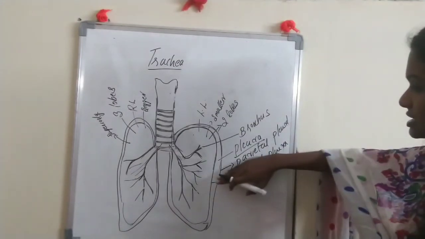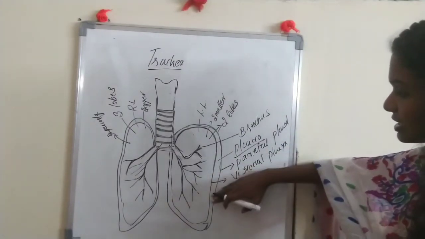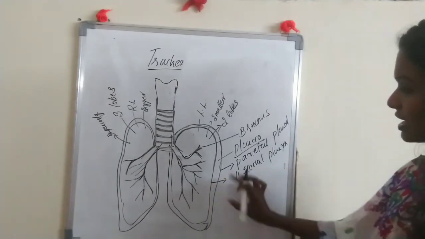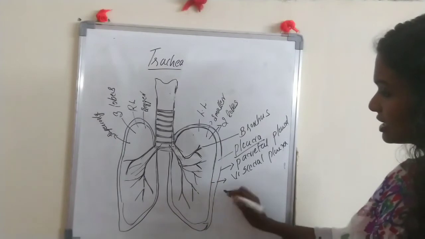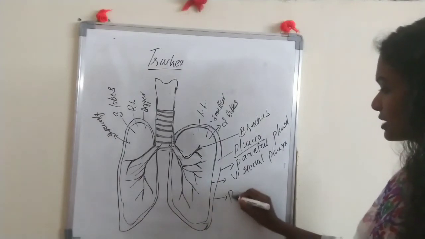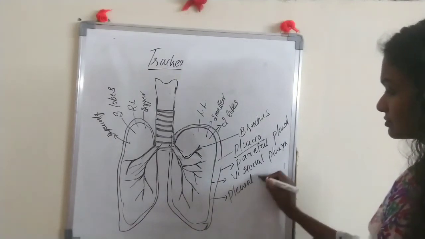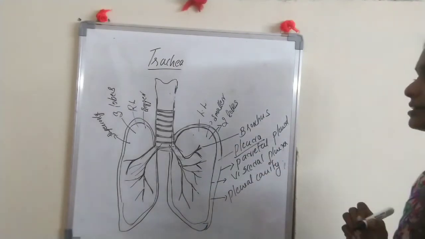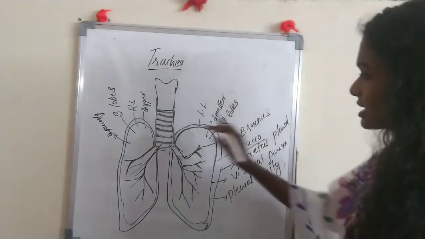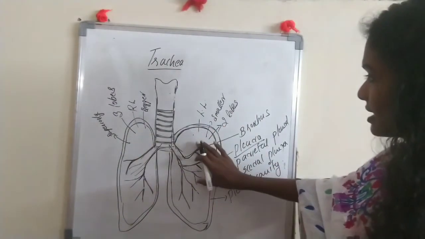Okay, so this is outside, which is parietal, and inside it is visceral, and the space between these two pleura is known as the pleural cavity. Okay, so this is known as the pleural cavity. So you can see the lungs, right lung and left lung.